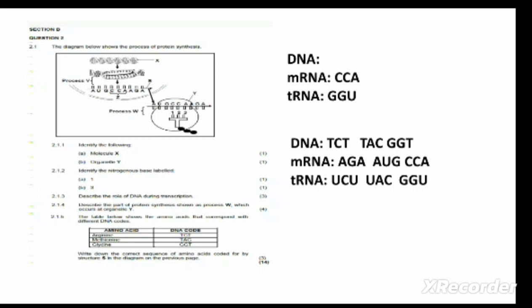So we are given DNA: we are given TCT, we are given TAC, we are given GGT. Let's go to mRNA.